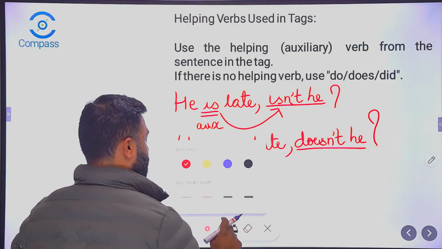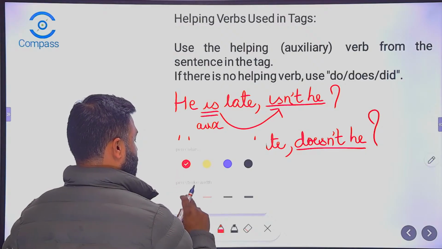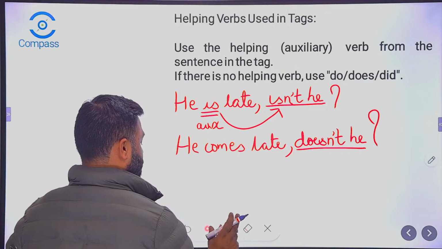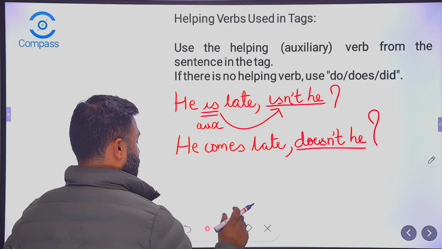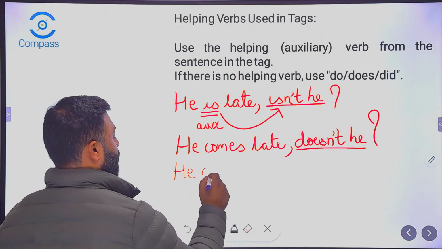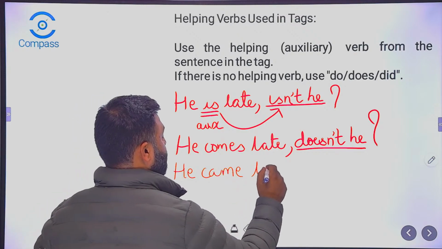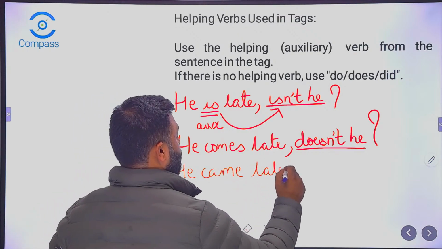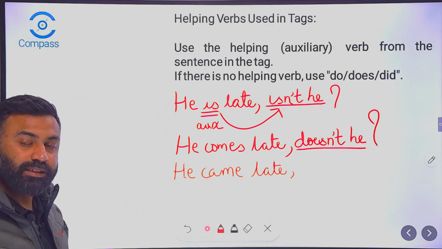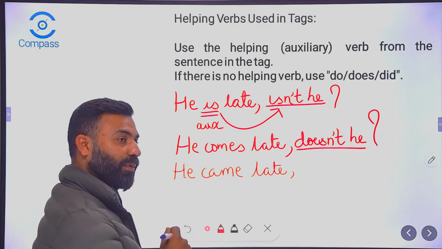So he came late. Came is simple past, so we use did because there is no auxiliary verb here.